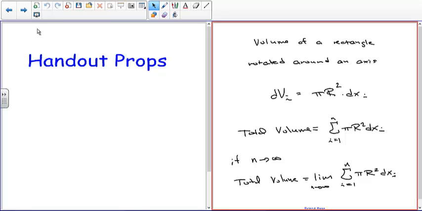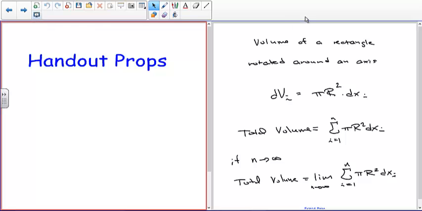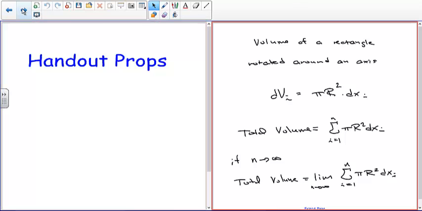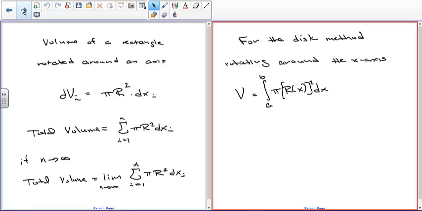Well, that is the integral. So for the disk method, because that's what we're doing, making all these small disks to make a continuously changing cross section, the volume is equal to the integral from a to b, which are the x limits of the two-dimensional object, of pi times this radius value, which is a function of x, squared, times dx.